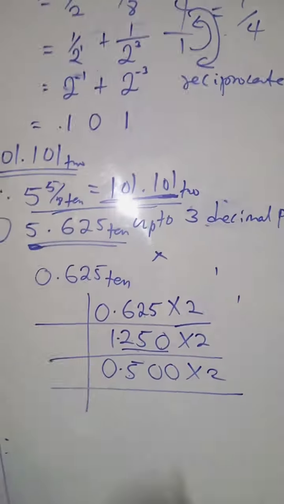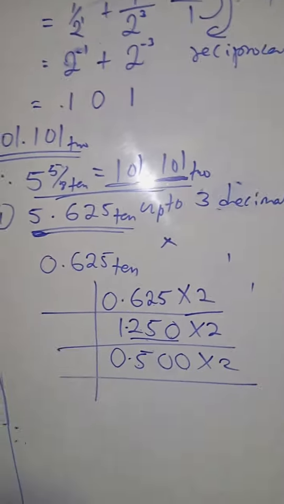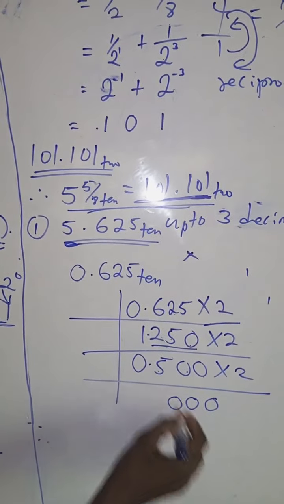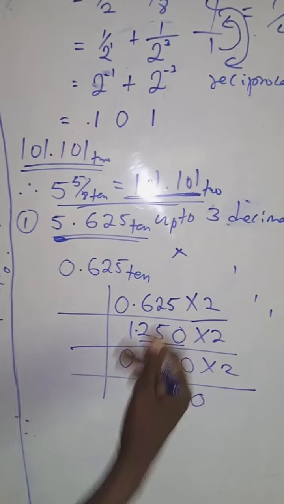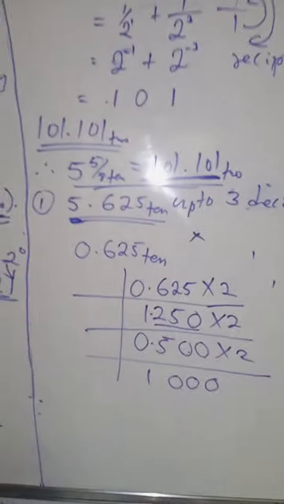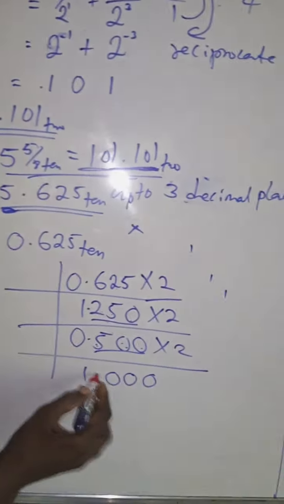I'll still multiply by 2 since I'm going to base 2. So this one will give me 0, and this one gives me 10. I take 1. Since it's 10, there's nothing to multiply because I'm concerned with this number. So I count 1, 2, 3.